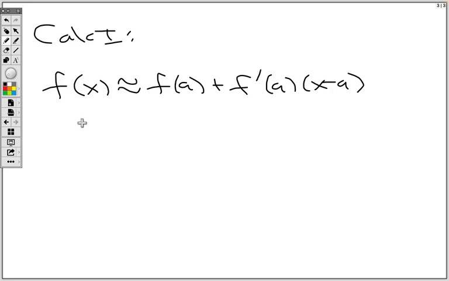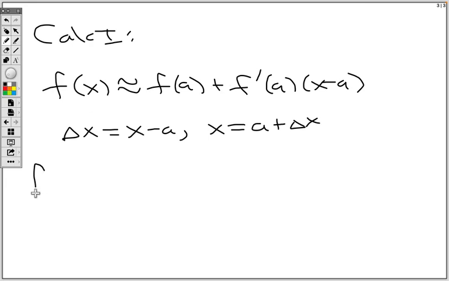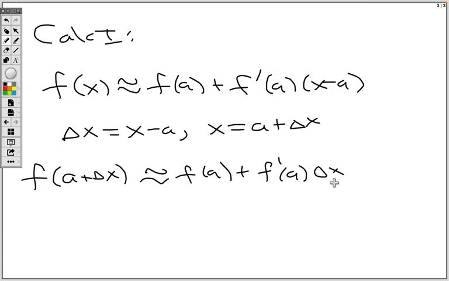And if we recast x, calling delta x be x minus a, so x is a plus delta x, then we could say that f of a plus delta x is approximately equal to f of a plus f prime of a delta x.